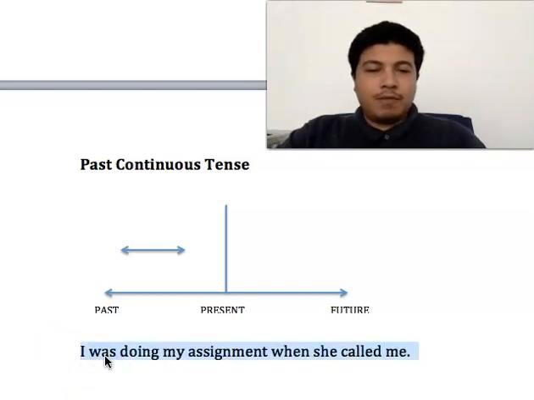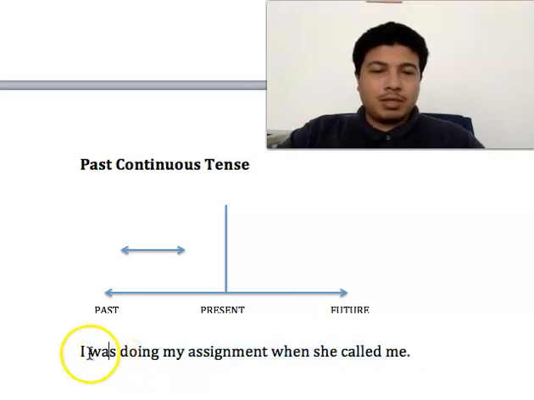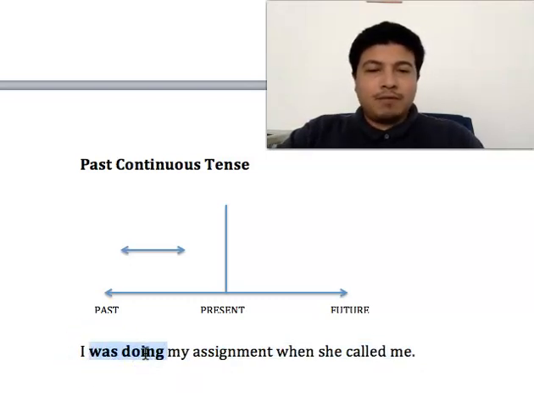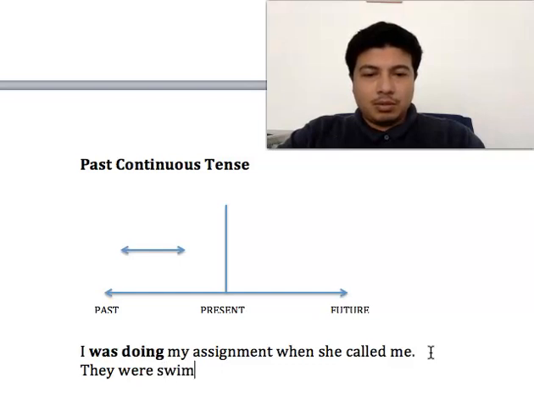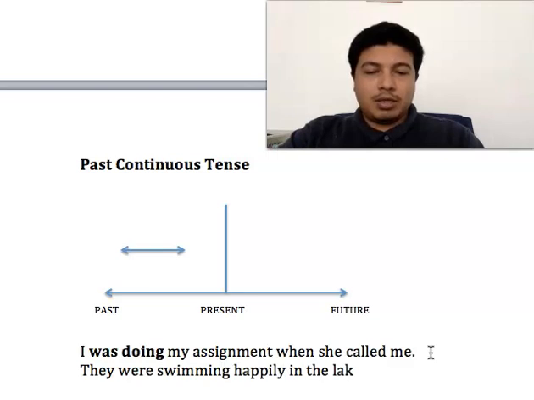So when you have past continuous tense, normally what you have is was or were plus ing. So that is the rule for past continuous tense. Another example would be, they were swimming happily in the lake.